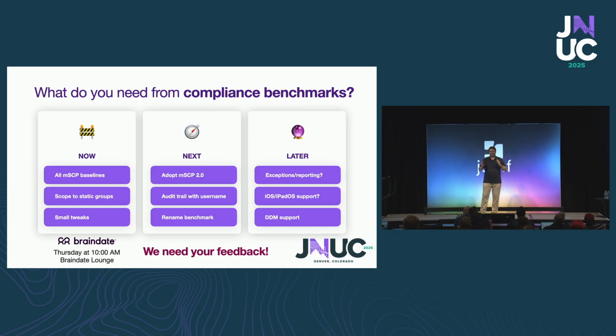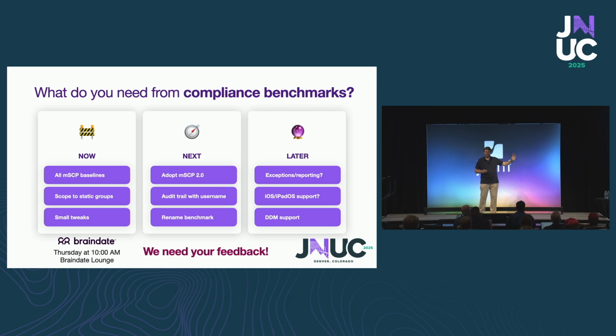Scoping not just to smart groups, but also static groups, and allowing you to scope to multiple groups at the same time. If you're familiar with blueprints, that's what's happening in there. It sounds simple, not that simple in the background, but it's about giving you more flexibility in the configuration. And then any tweaks based on your feedback, mainly from Jamf Nation.